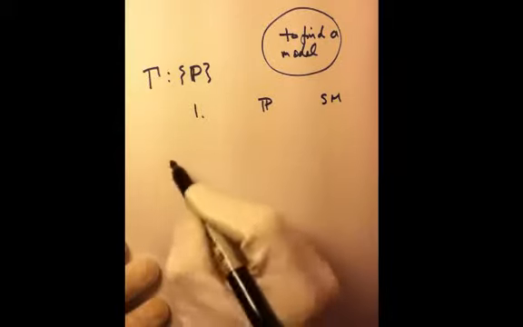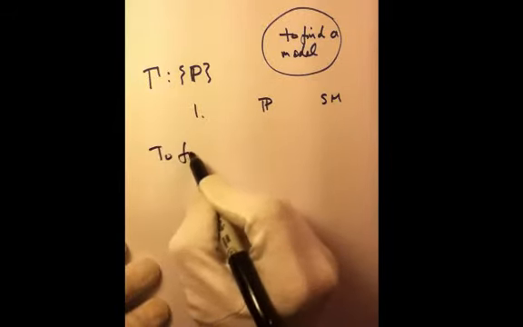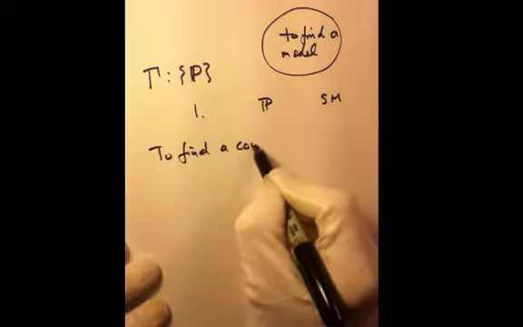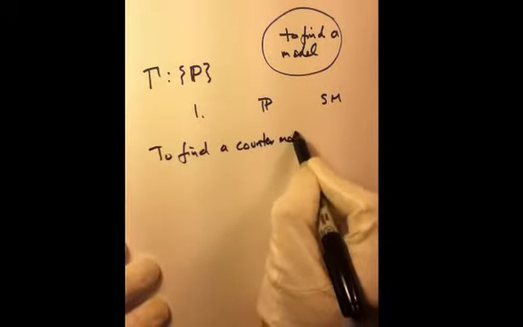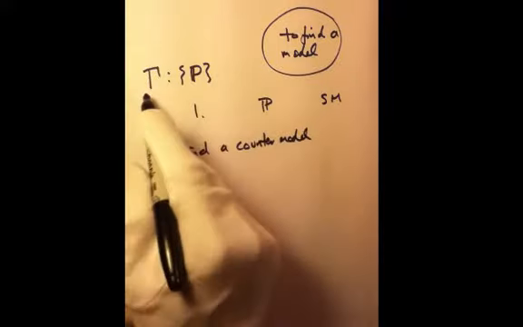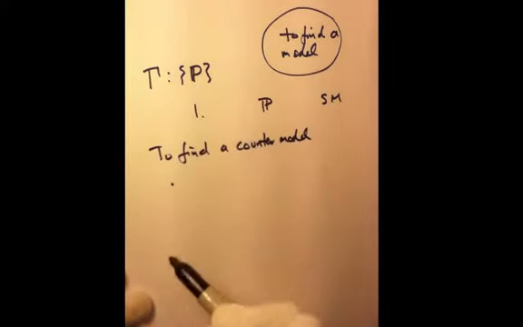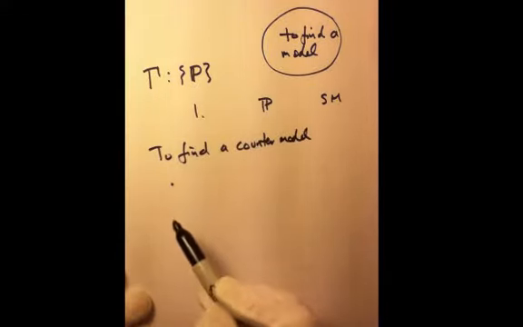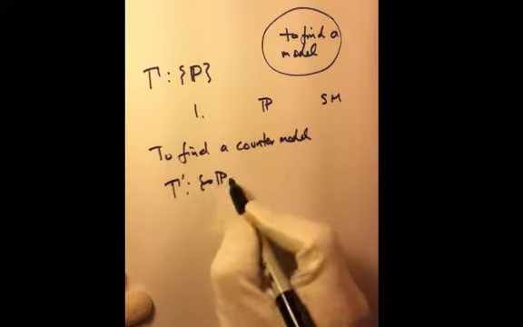To find a counter model for that same set, what we have to do is look for a model for a different set, which is the set containing the negation of P.